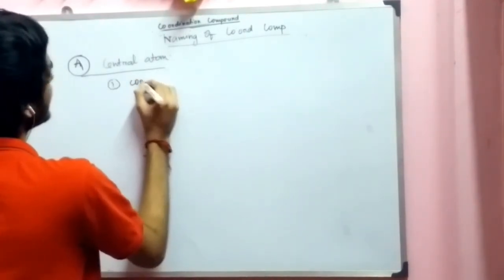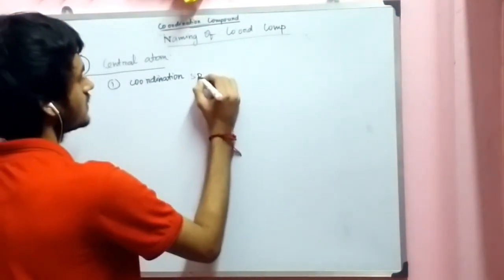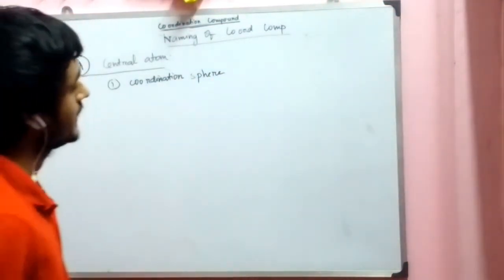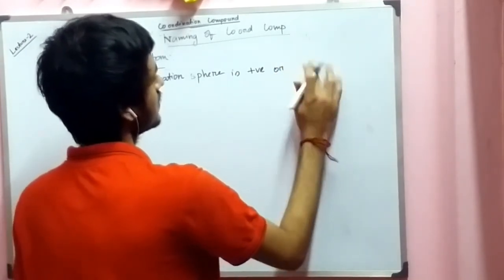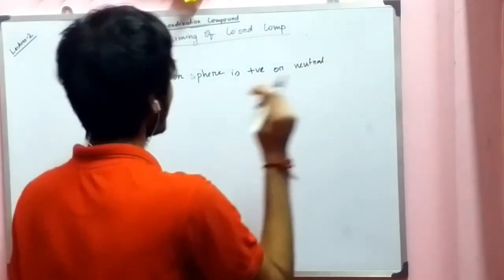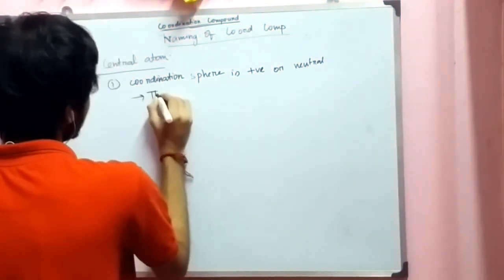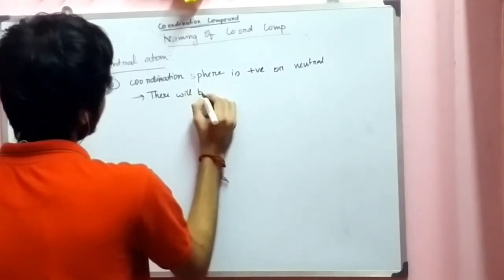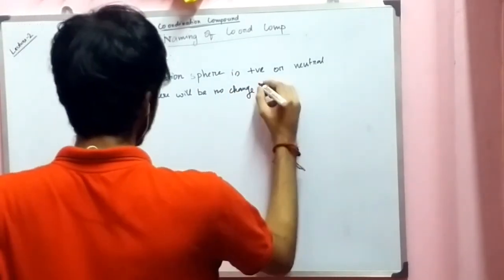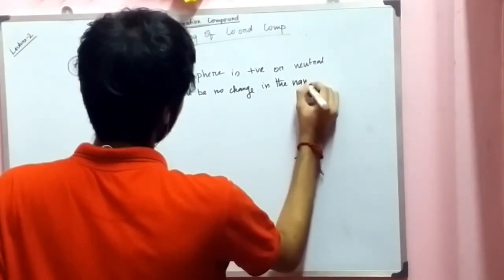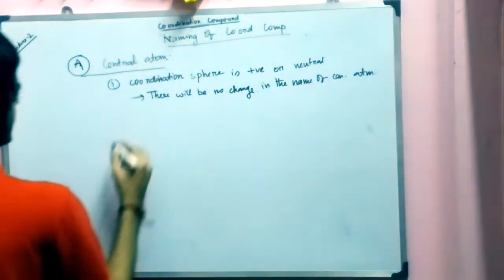Rule number 1: if the coordination sphere is positive or neutral, then there will be no change in the name of the central atom.